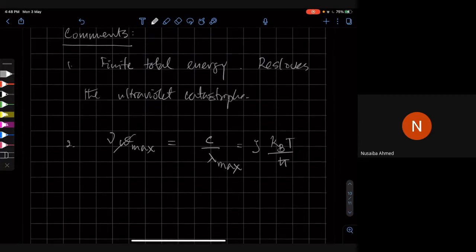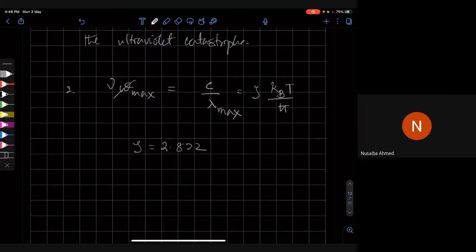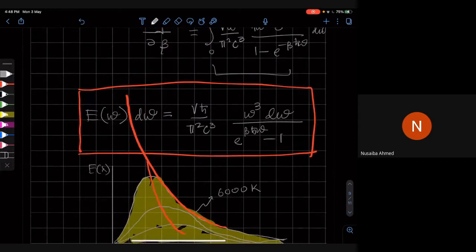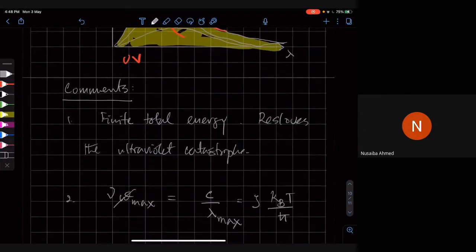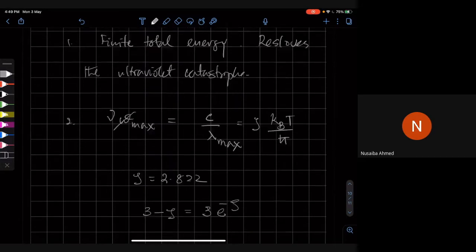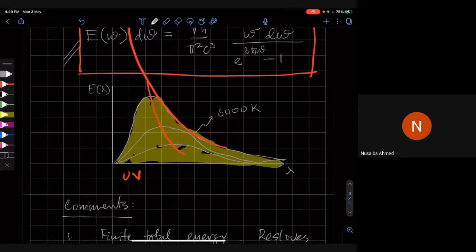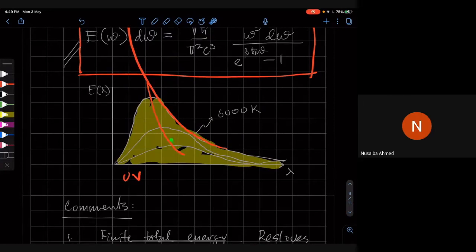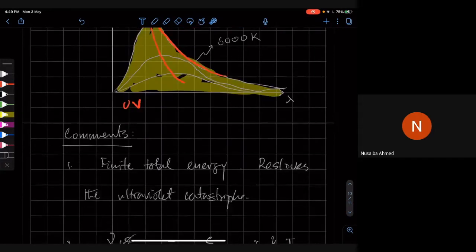This constant zeta has the value 2.822. If you do the math, you find that this is a solution to this transcendental equation. This comes from maximizing this with respect to omega and then converting to lambda. So this is the curve that I drew over here, showing its dependence on temperature, the maximum.